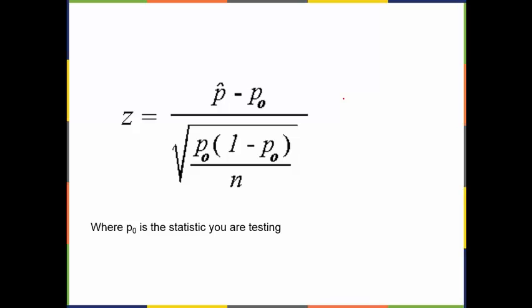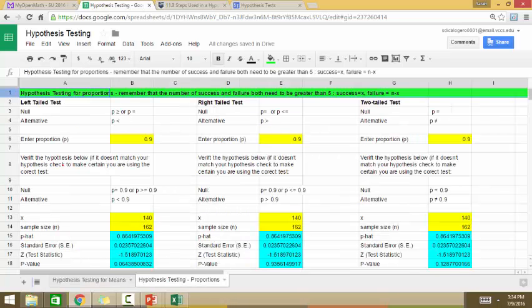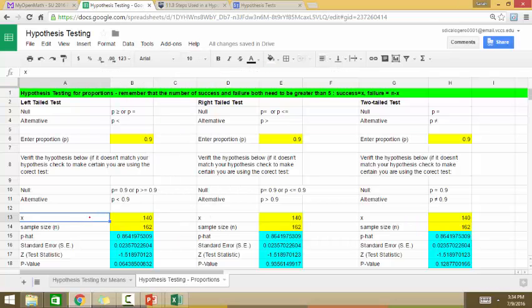When you get to doing proportions, there is another spreadsheet, and it's the same idea. You have your left-tailed, your right-tailed, your two-tailed. You put in your proportion. You'll put in your x, the number that fulfill the condition, and you put in your sample size, and the rest of the stuff is calculated for you.